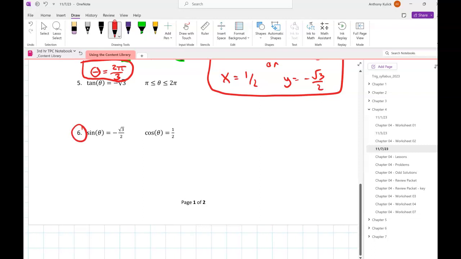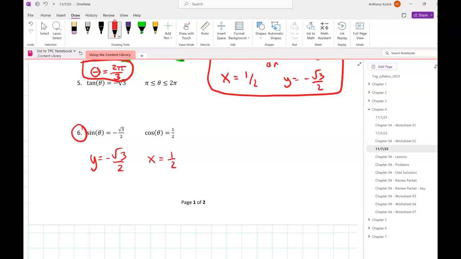So 6, it looks a little different than the previous ones because what don't I have? I don't have an interval, right, between two angles. But what I have is a sine or a y value, and I have a cosine or an x value.